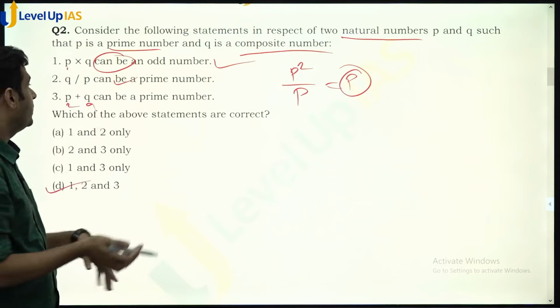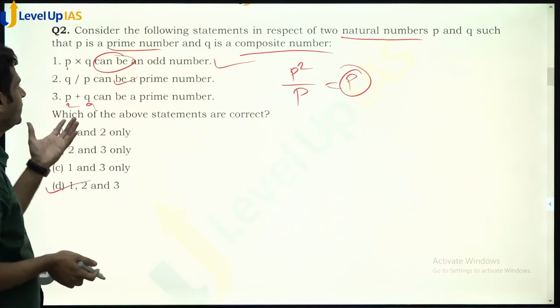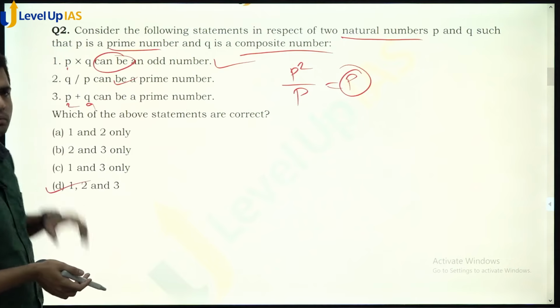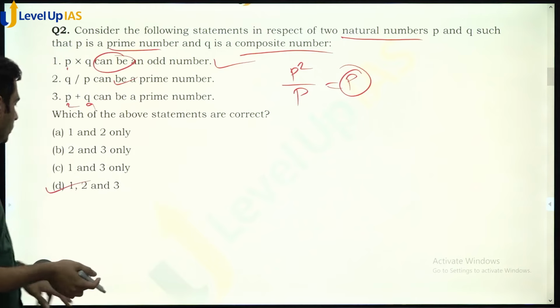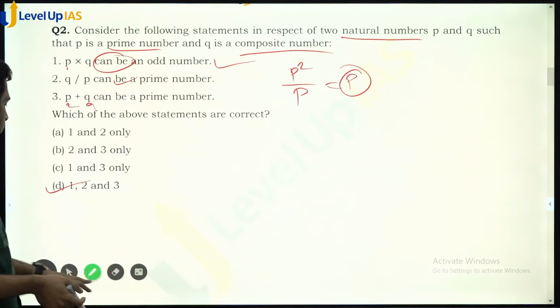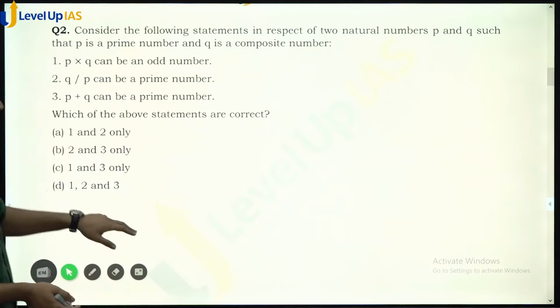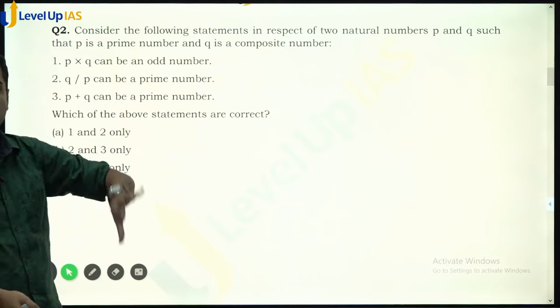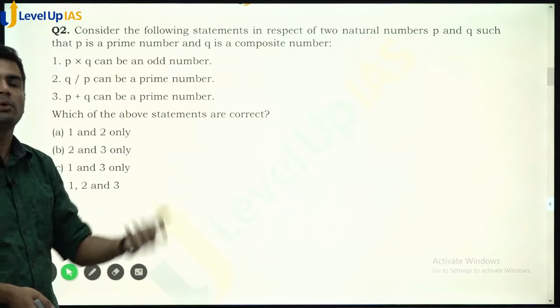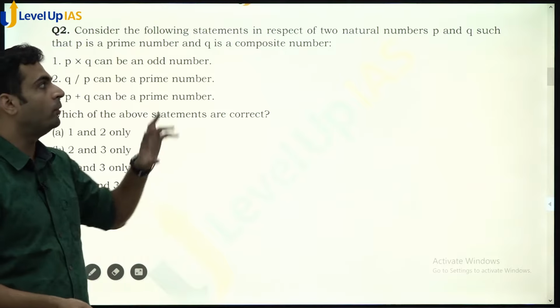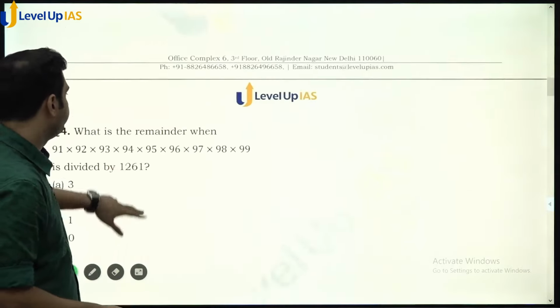That is an odd number. Here you can get again anything like 4 by 2. It is a prime number. So all these are possible cases. You can put values and verify, or you can do something like this. But you need to know the definitions. You need to know what prime numbers are, what composite numbers are. That is more important. Conceptual clarity about that.